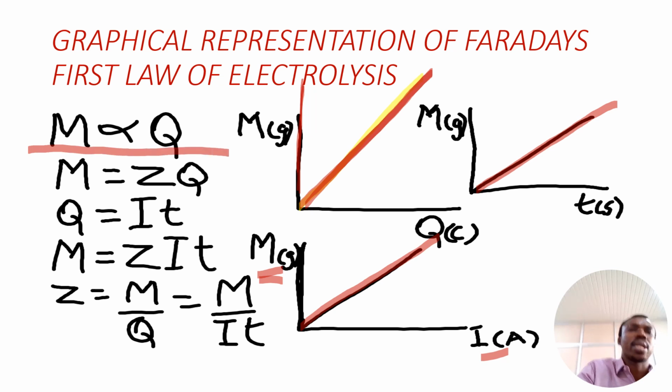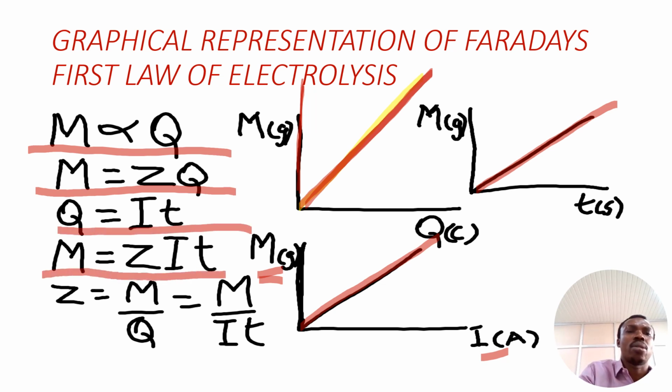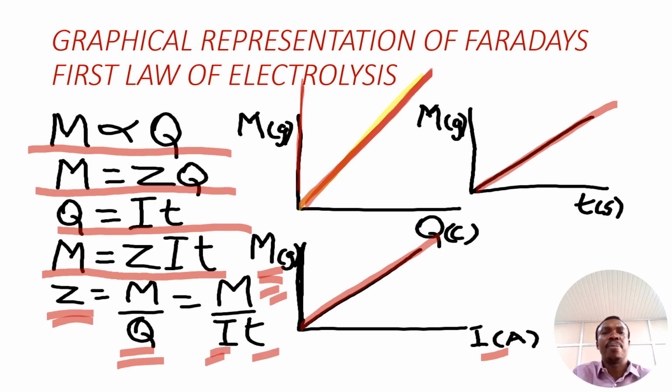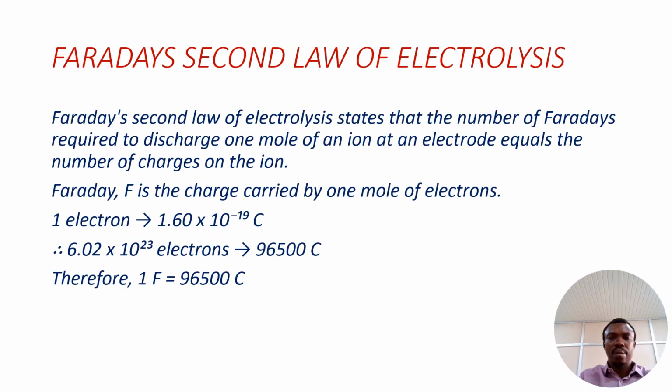Then you have your electrochemical equivalent, which is a constant. Since Q is equal to IT, mass equals electrochemical equivalent times current times time. Then Z, the constant, equals mass over the quantity of electricity that passed through, which is mass over current times time. This is just a graphical representation of Faraday's first law of electrolysis.